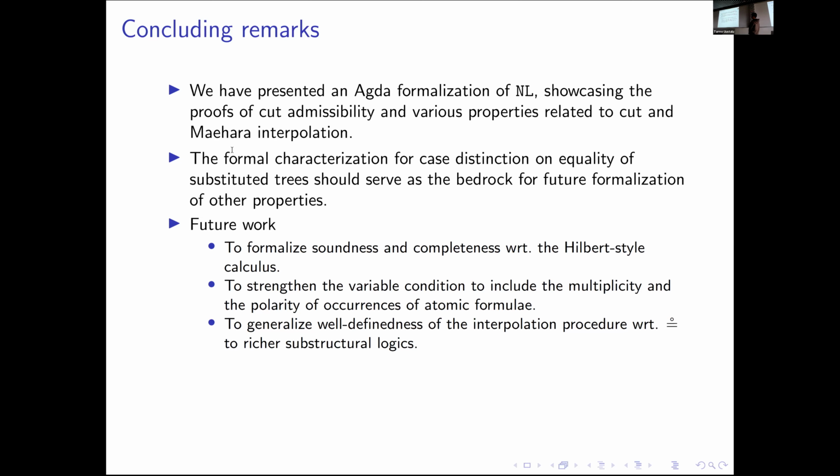We also would like to strengthen the variable condition to include the multiplicity and also the polarity of occurrences of atomic formulae. And we also would like to generalize the well-definedness of the interpolation procedure with respect to the equivalence relation on derivations to some richer substructural logics.